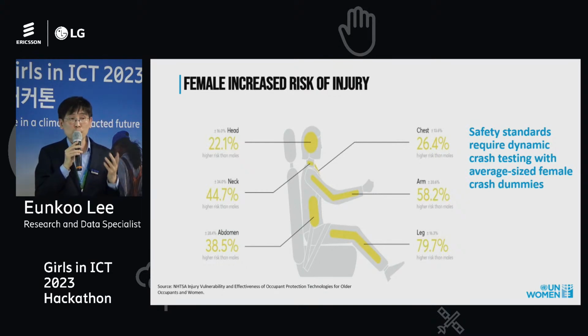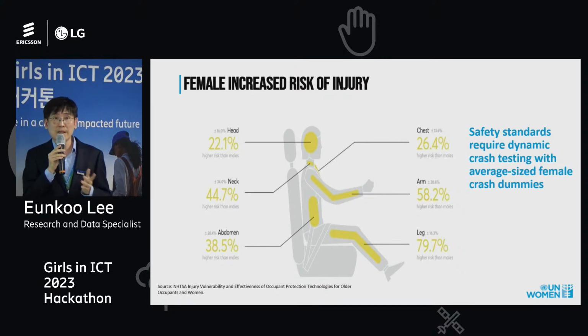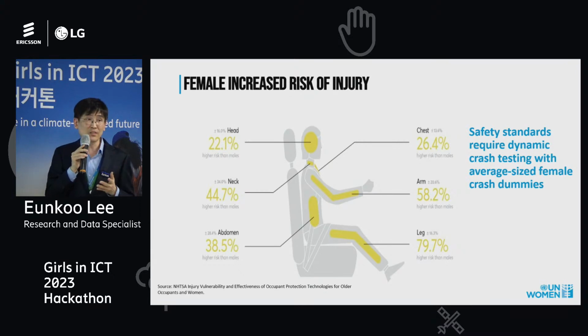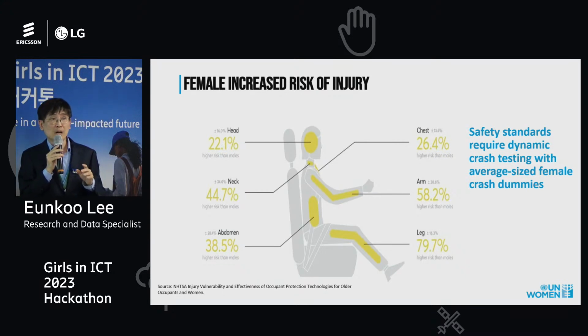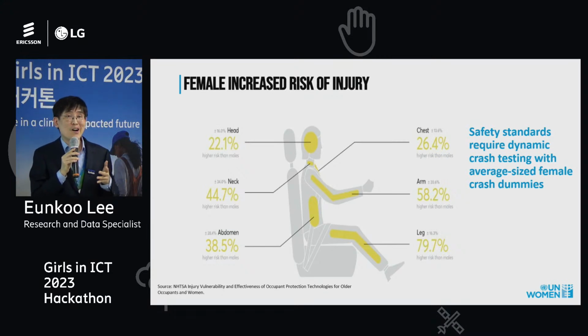So we need to do more research and push governments to have safety standards that require dynamic crash testing with average size female crash dummies with multiple seating positions. This is something that we normally ignore, but we need to have this mainstreamed in our policies and also in research institutes everywhere.